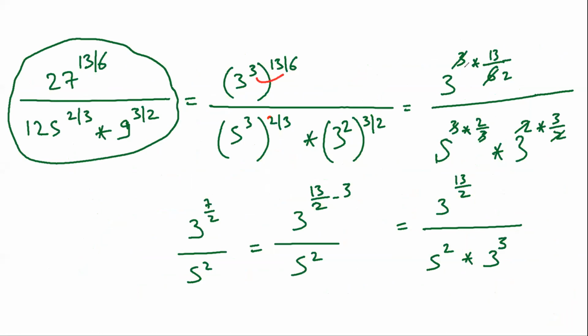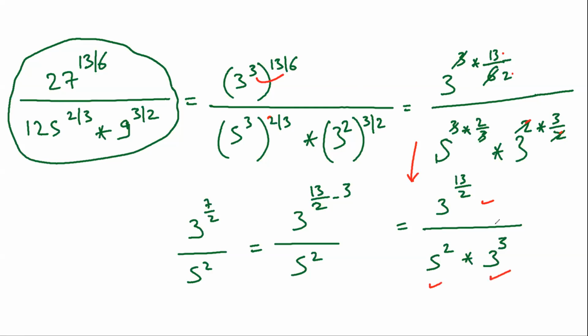When I multiply, I get 3 into 13 upon 6. And in the denominator, when 3 gets multiplied by 2 by 3, this 3 and this 3 cancel. And 2 is multiplied by 3 and 2; this 2 and this 2 cancel off. So I get 3 raised to power 13 by 2, and 5 raised to power 2, and 3 cube.